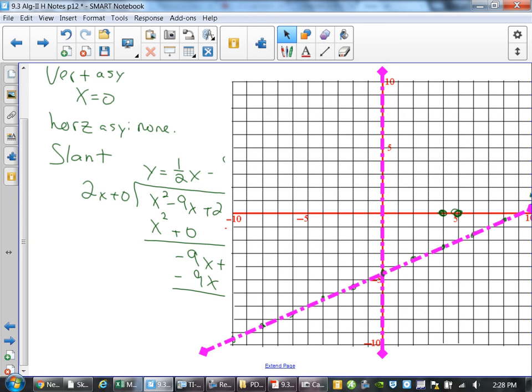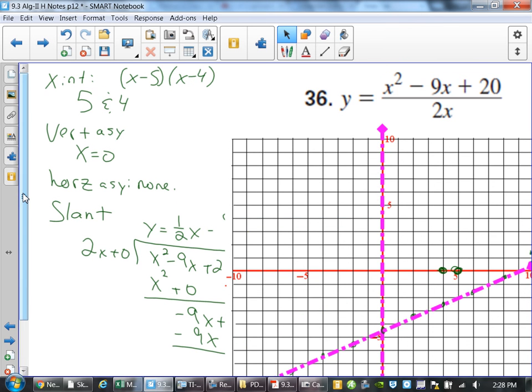Let's use, I don't know, 1, 2. It's on the right. So if I use 1, I get 1 minus 9 plus 20 all over 2. So that's what? 12 over 2 is 6?